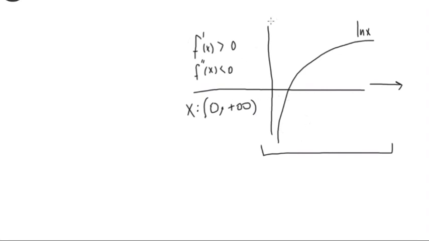For the range, we need to consider the value of y. So we have y equals, it starts from negative infinity to positive infinity, because the graph is continuous at all the points, and the graph goes from negative infinity to positive infinity without stopping.